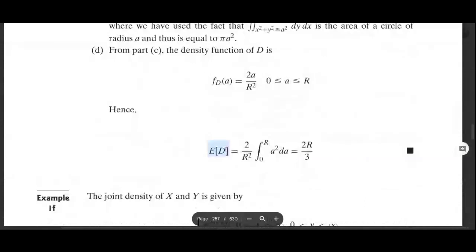To calculate the expected value of this, that's just the density function multiplied by a, integrated, so a squared from 0 to r, which gives 2r over 3.